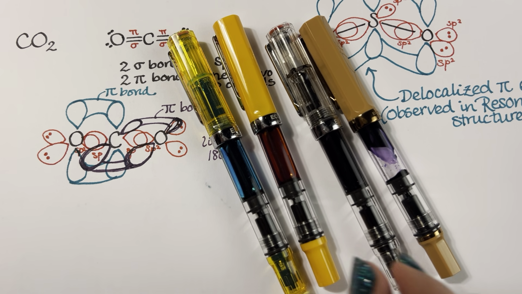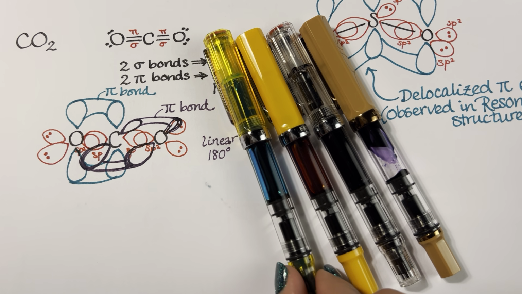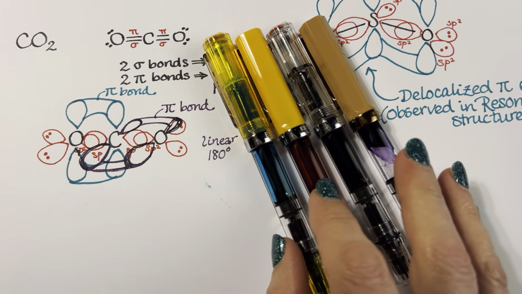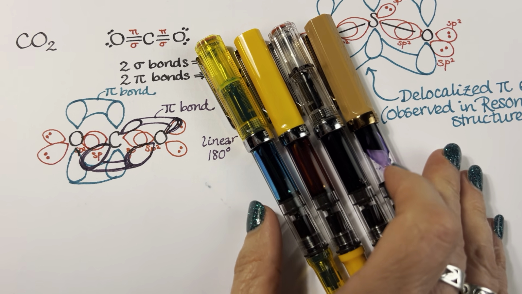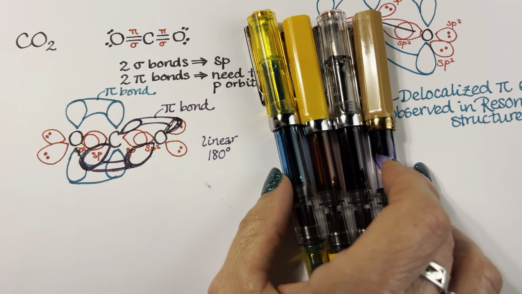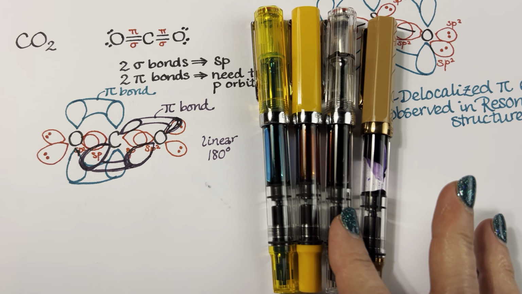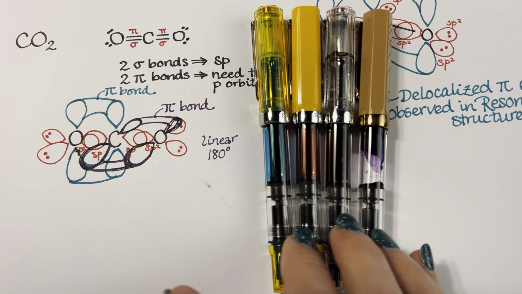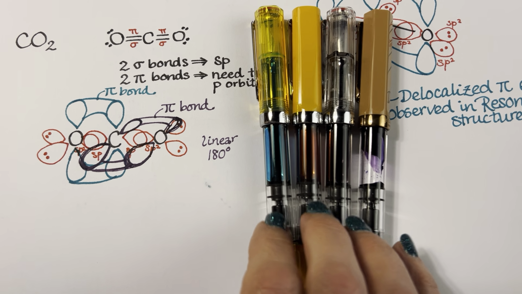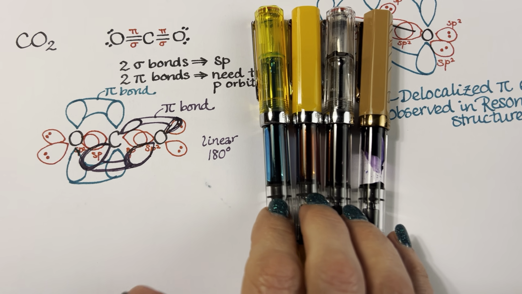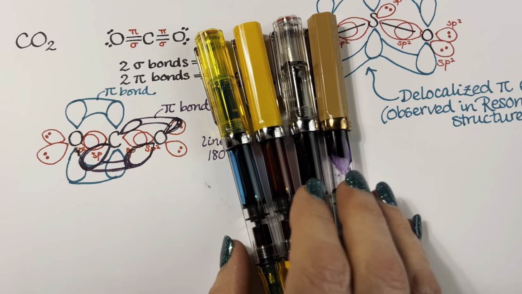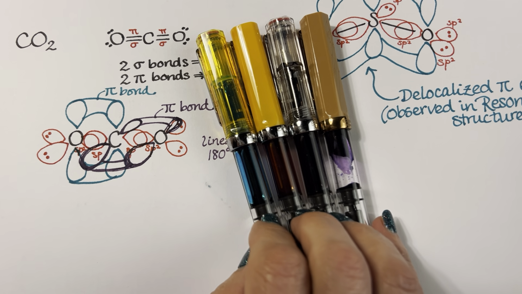I really hope this hybridization lesson helps you understand hybridization a little bit better, and when you need each kind of hybridization, and gives you a little bit more depth of knowledge on this theory, valence bond theory, that shows hybrid orbitals.